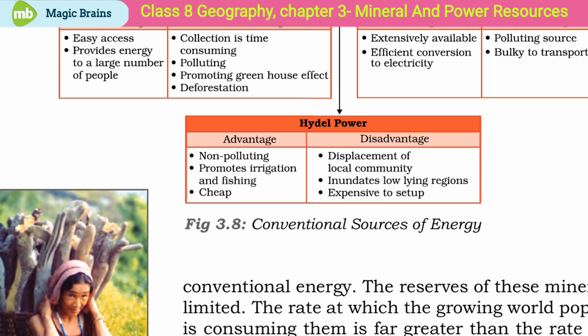Disadvantages of hydropower are: number 1, displacement of local community. Number 2, inundates low-lying regions. Number 3, expensive to set up. This was figure number 3.8, titled Conventional Sources of Energy.